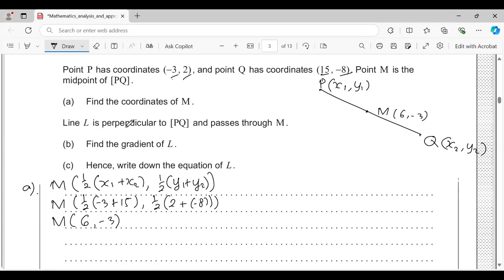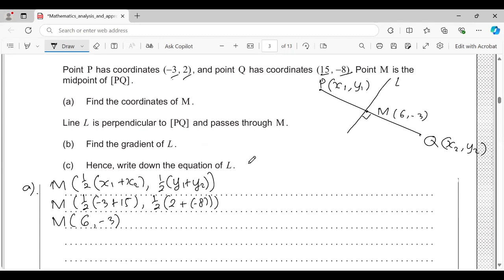Line L is perpendicular to PQ and passes through M. So there is a straight line L perpendicular to PQ.